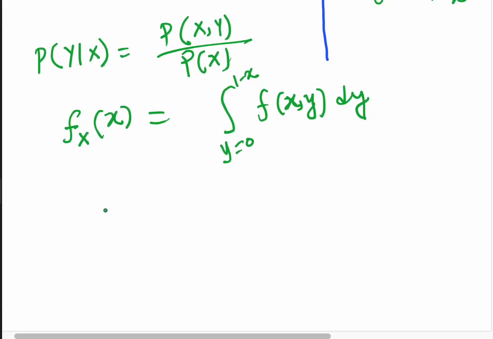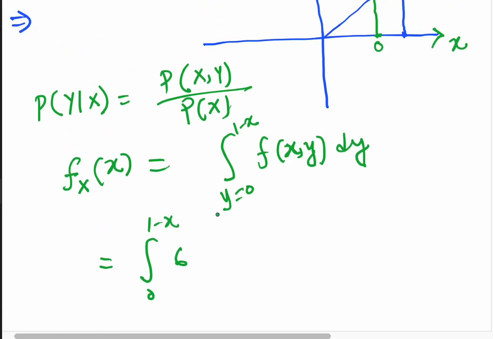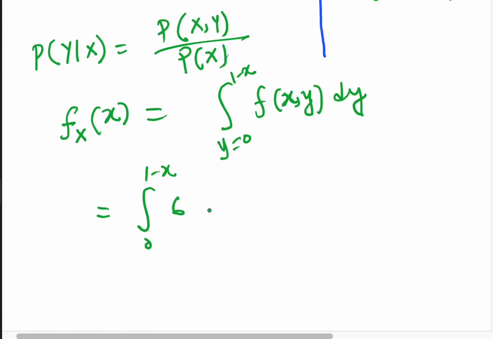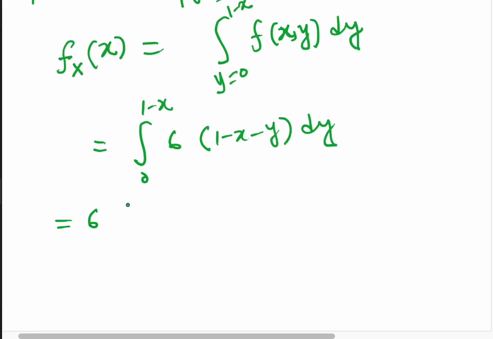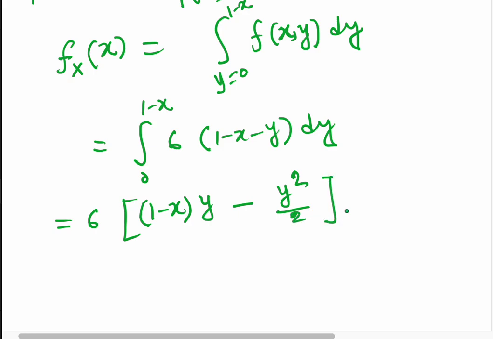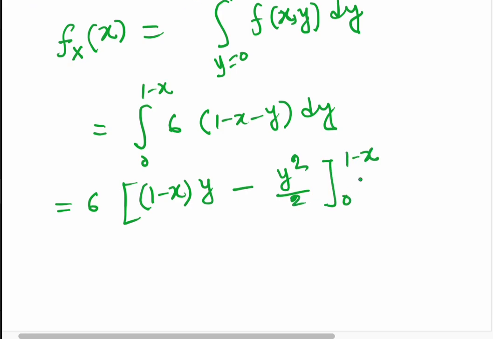Now let's calculate it. This is the integral from 0 to 1 minus x of 6(1 minus x minus y) dy. So this is 6 times [(1 minus x) y minus y square by 2], with the limit from 0 to 1 minus x.